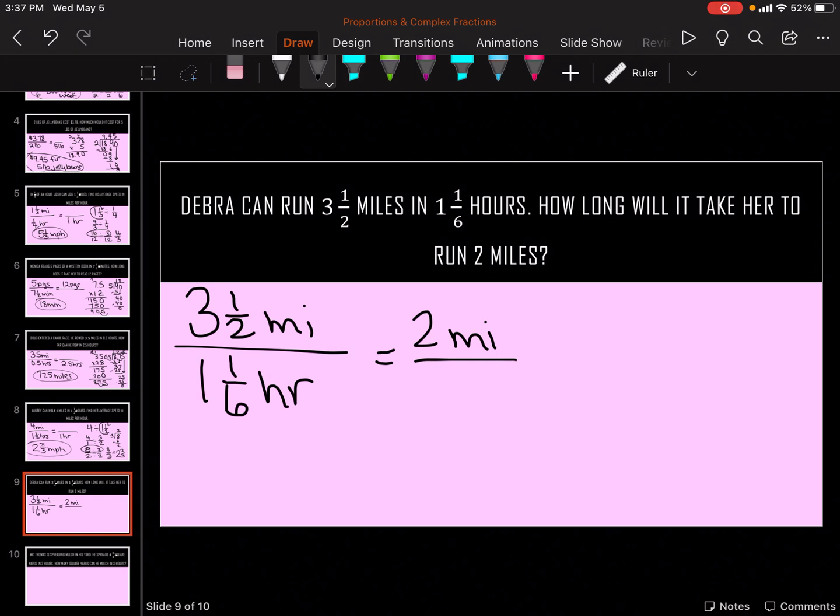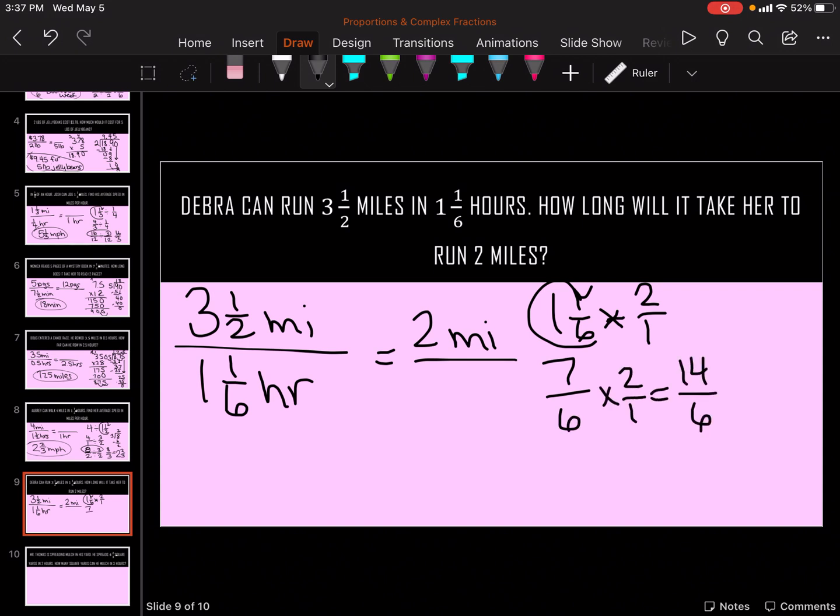Cross multiply, divide. 1 1/6 times 2 over 1. Cartwheel around. 7 over 6 times 2 over 1 is going to be 14 over 6, which I'm just going to keep. 14 over 6 divided by 3.5.